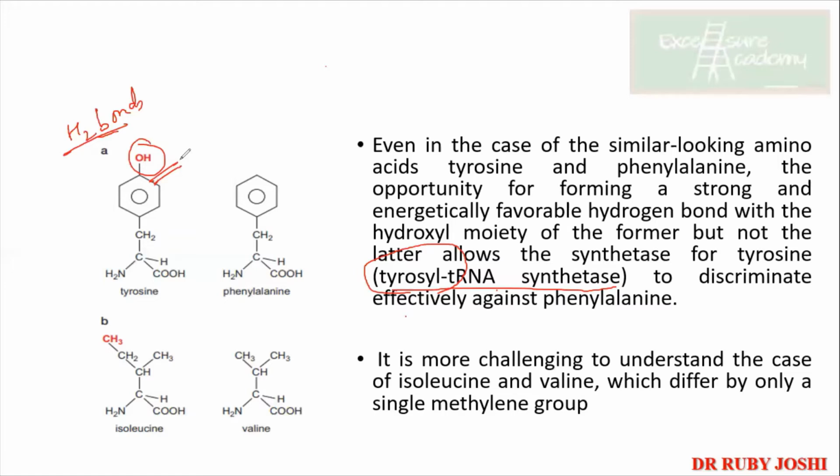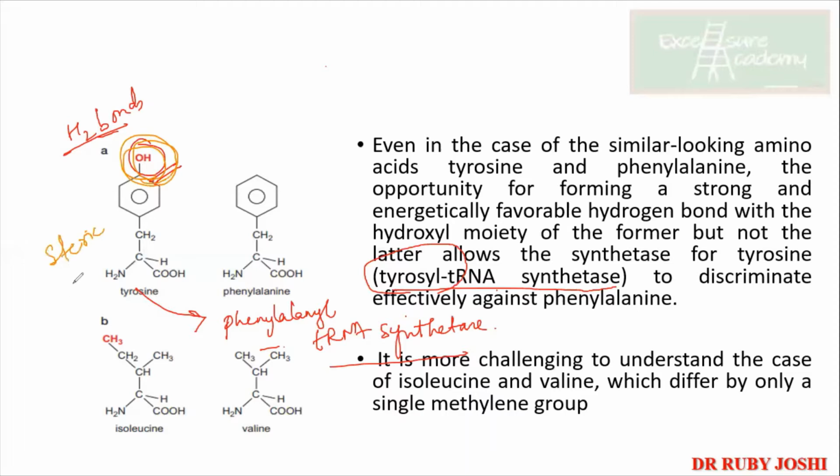Now, if I had phenylalanine tRNA synthetase, and this enzyme is present and tyrosine is coming, what will happen? Because of the presence of this OH group, there will be a steric clash.